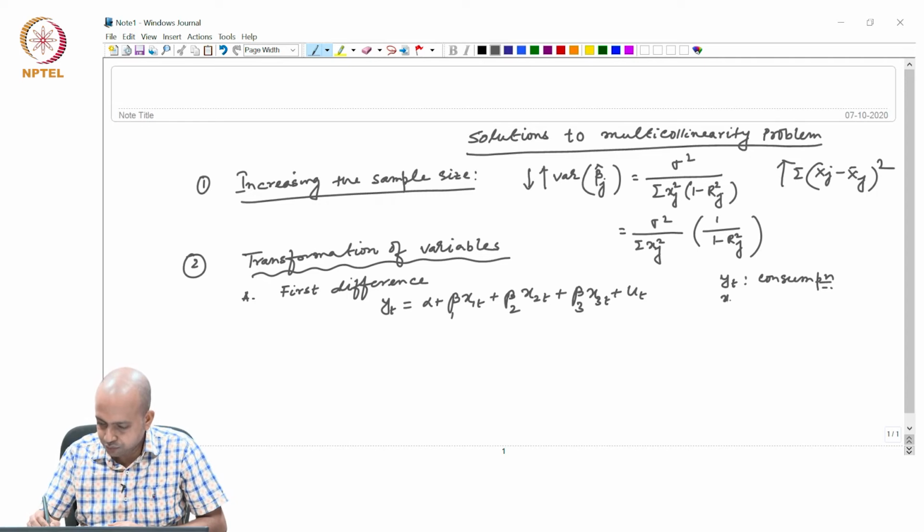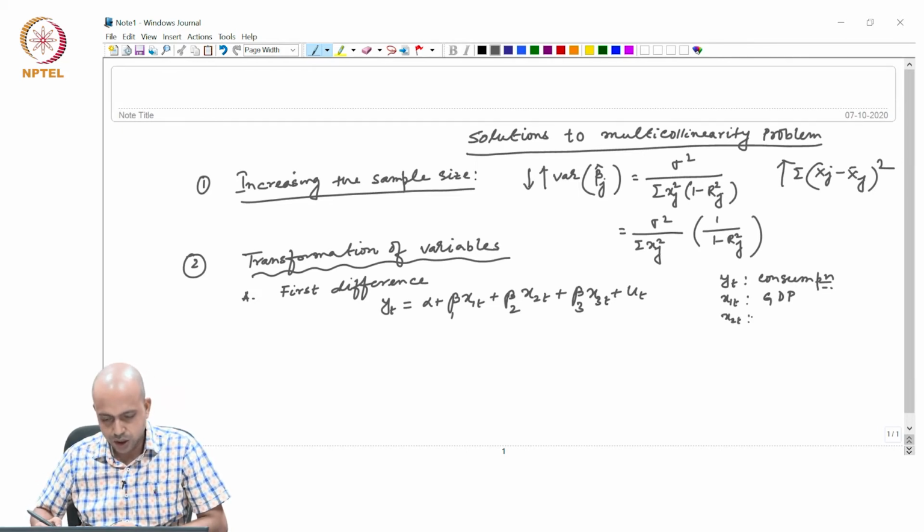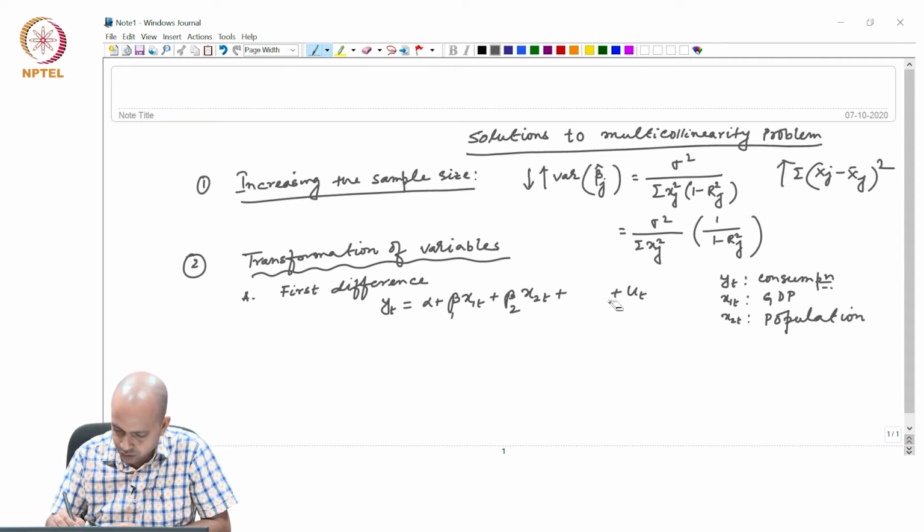Then x 1 t is, let us say, the GDP of the country, and then x 2 t is, let us say, population. Let us say that I have only two variables here.